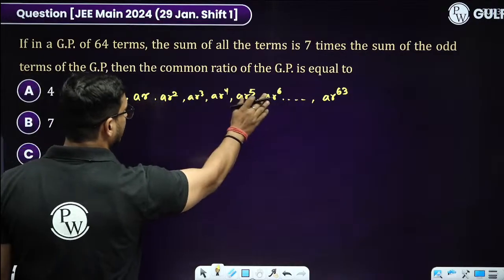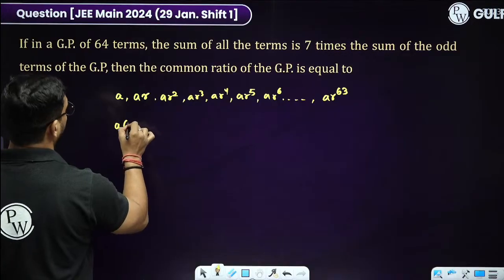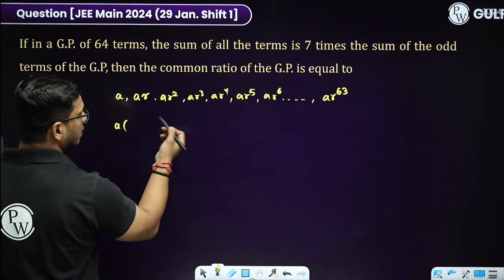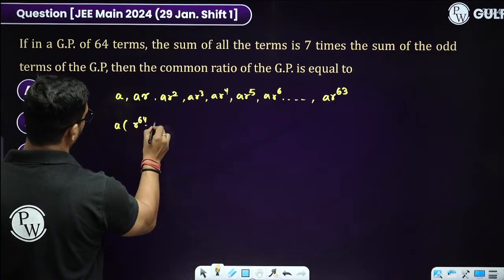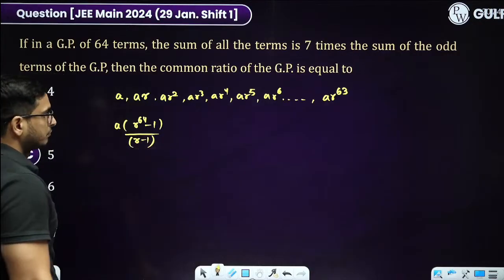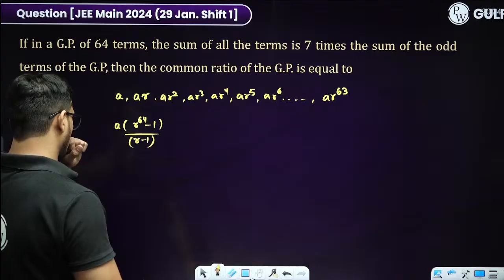So just write the sum of these 64 terms: a into r to the power 64 minus 1 divided by r minus 1. Yes, we can.